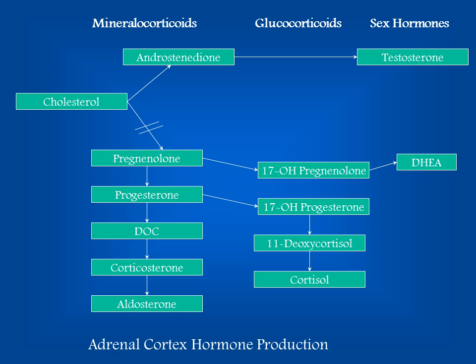This is a nice chart showing the interactions between the mineralocorticoids, the glucocorticoids, and the sex hormones. And as you can see, the differences and the things that need to be replaced.